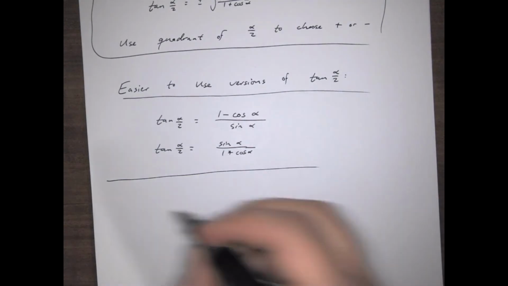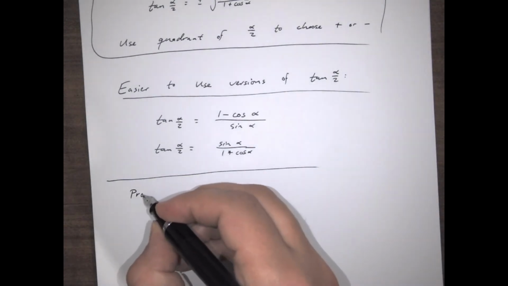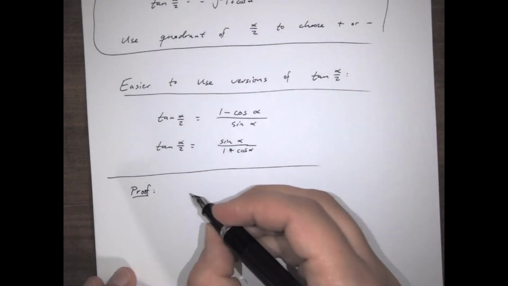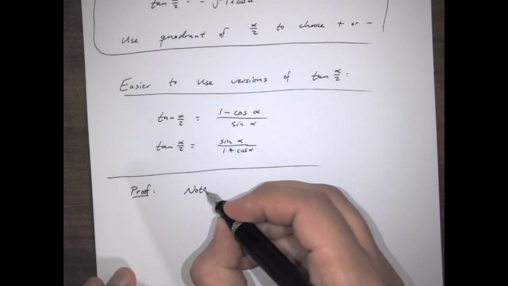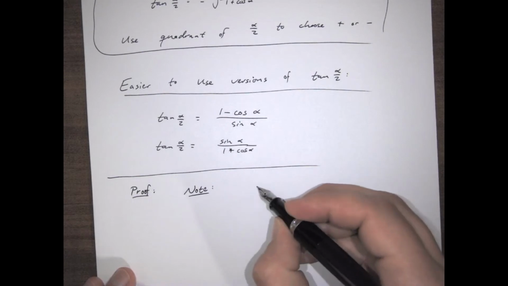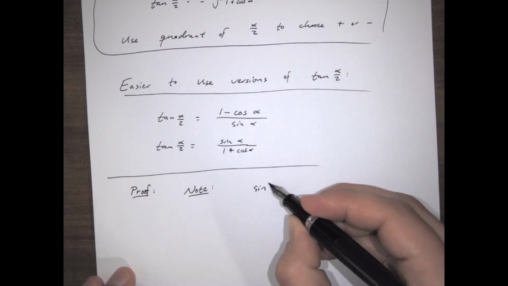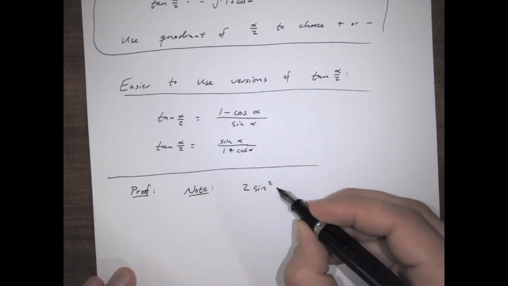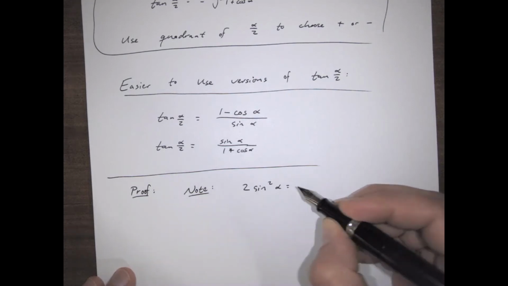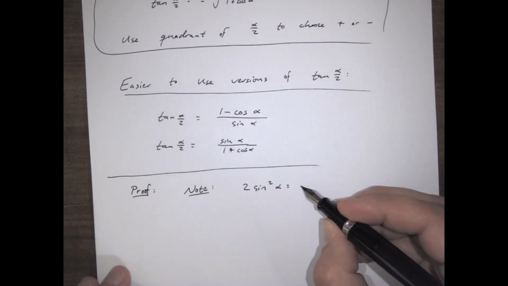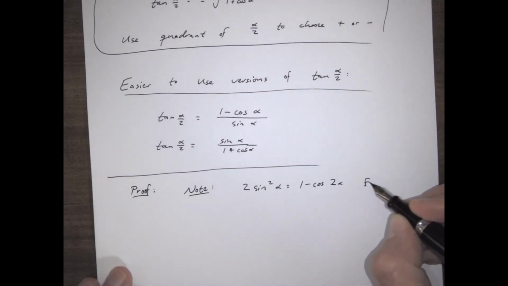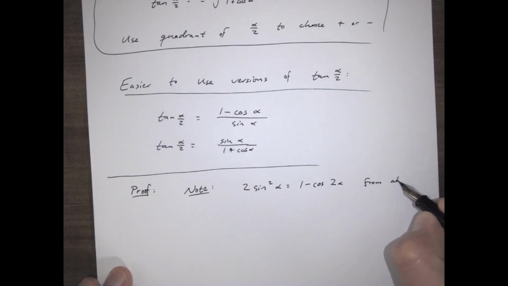Okay, so here's how I'll prove it. So, note from above, 2 sine squared of alpha was equal to 1 minus cosine 2 alpha, from above.